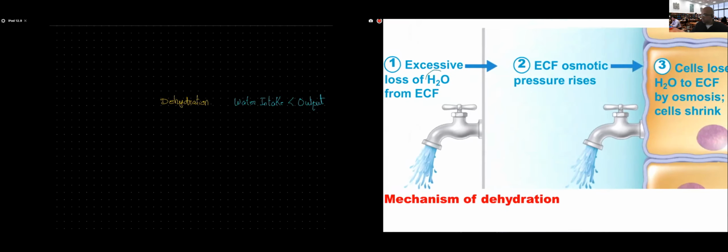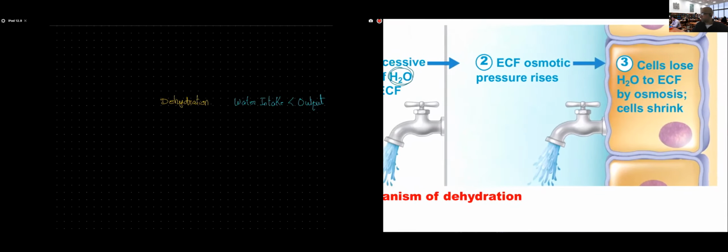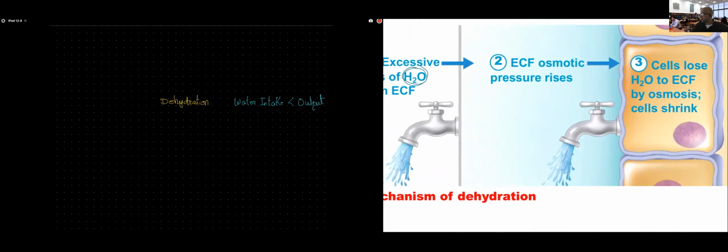If I have excessive water loss from the extracellular fluid compartment, the solutes here are gonna create a higher osmotic pressure.